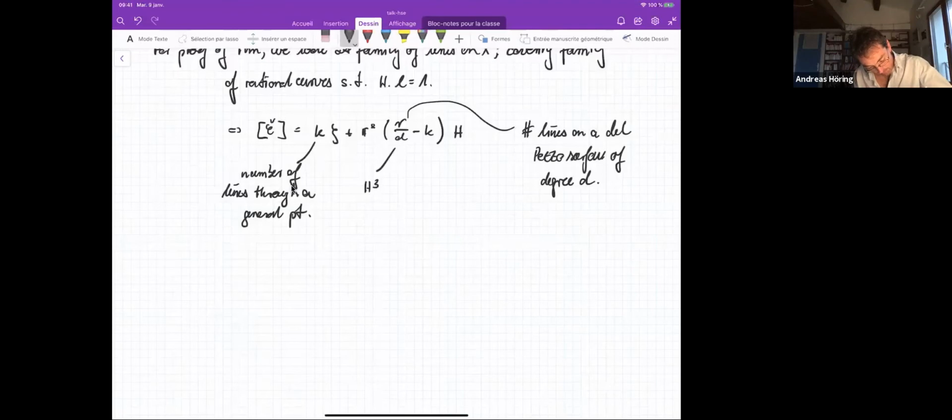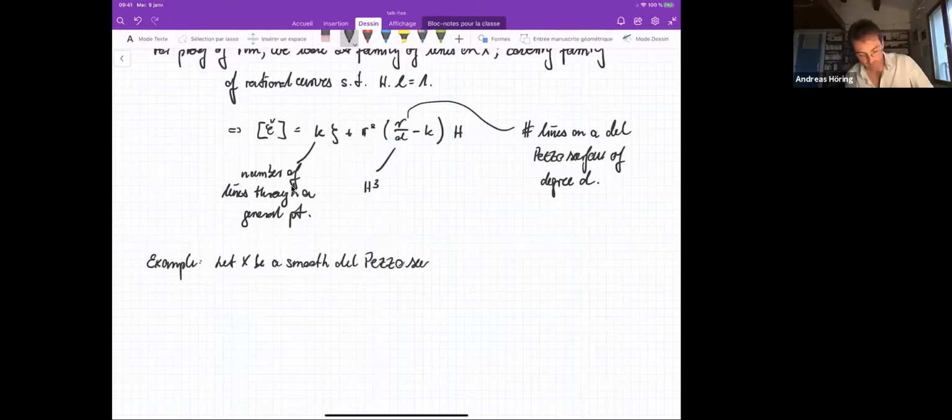Example: let X be a smooth del Pezzo surface. I'm finished with talking about del Pezzo threefolds. Now I want to do something a bit more concrete.